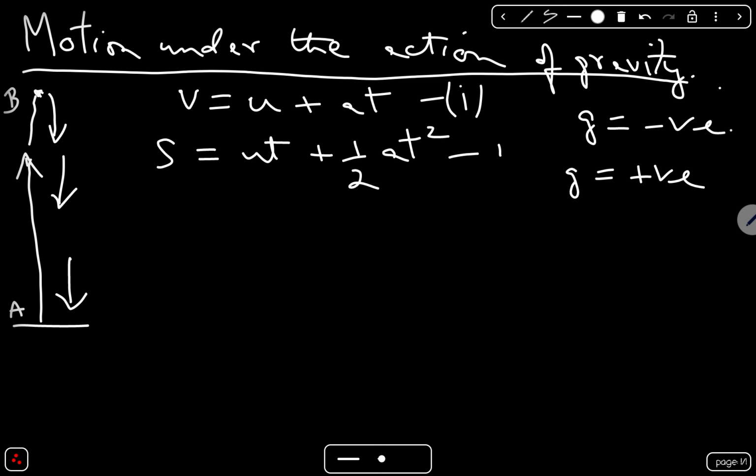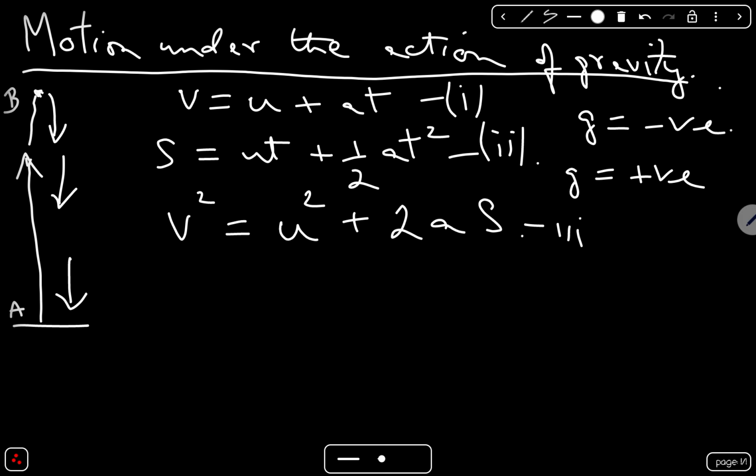And the third equation was final velocity v square is equal to initial velocity u square plus 2as, where s is the distance and a is the acceleration. So these are the three equations of motion which we will be needing when we do motion under the action of gravity. Clear? Now let us tackle two examples.